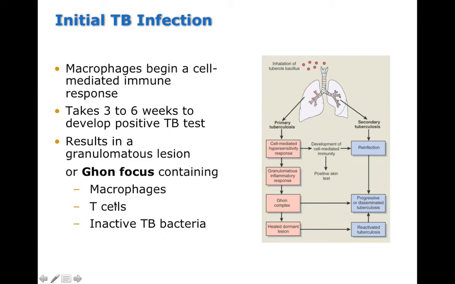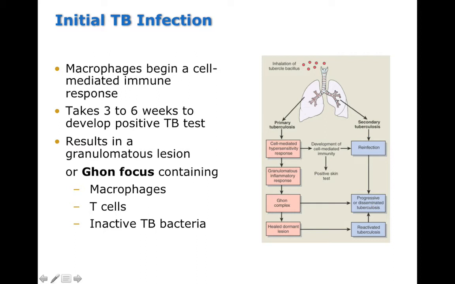And these macrophages and T cells have begun to surround TB and sort of encase it within a local area. The problem with the Ghon focus, though, is that it's not stabilized with collagen fibers, which means it's more loose. So the Ghon complex is more likely to break apart, and it can lead to progressive disseminated tuberculosis, which basically can spread to lots of different organ systems.